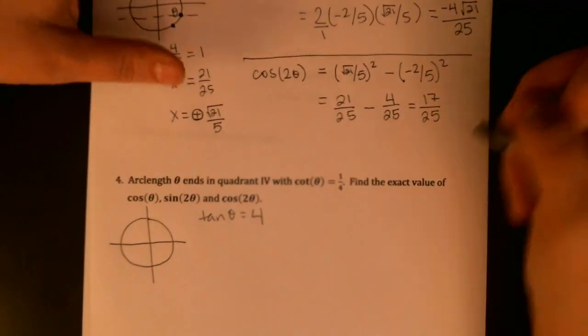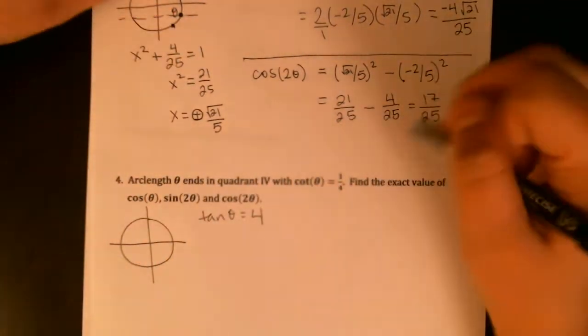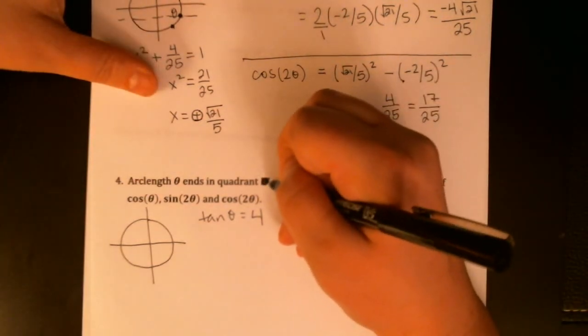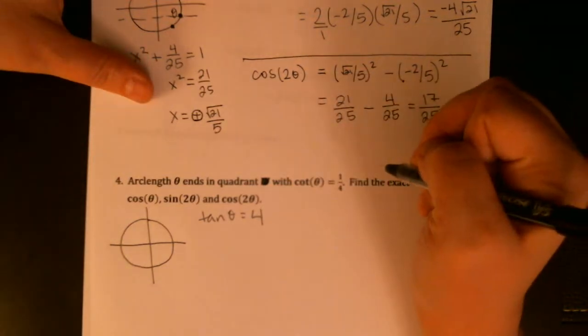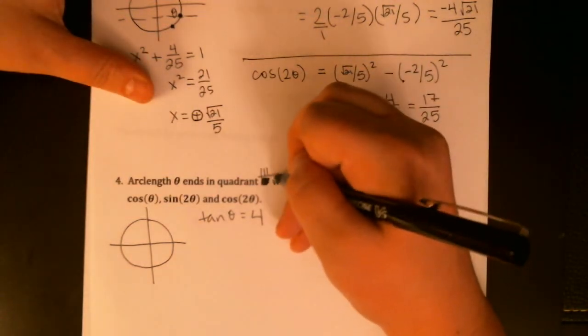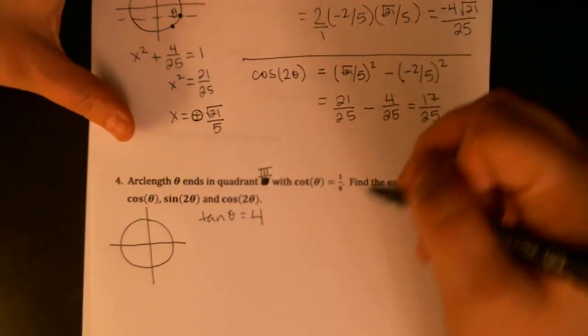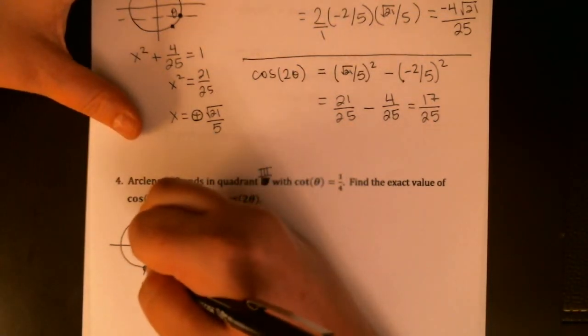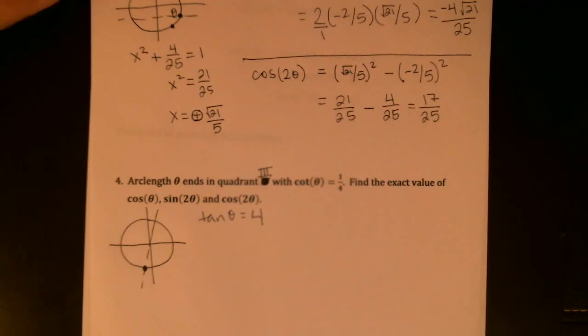So I'm picturing a slope of 4. Oh my goodness, I definitely lied to you. Let's say we're in quadrant 3. I'm going to say I was cutting and pasting. Okay, so if your slope is 4 and you're in quadrant 3, not possible to be in quadrant 4, can you find the value of cosine theta, sine 2 theta, and cosine 2 theta?